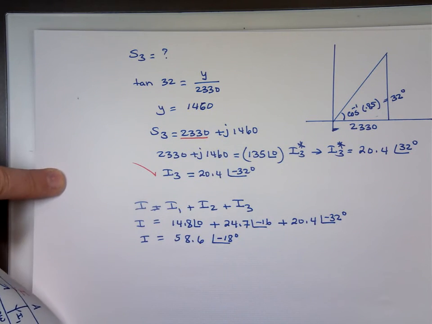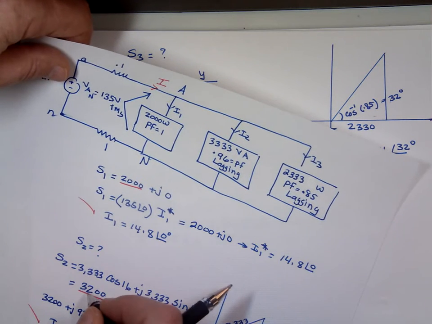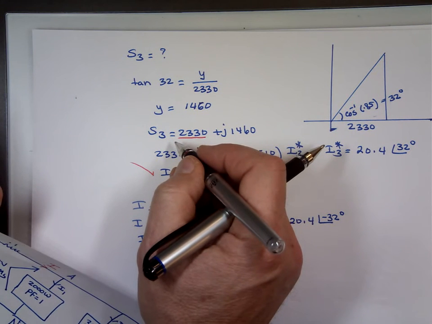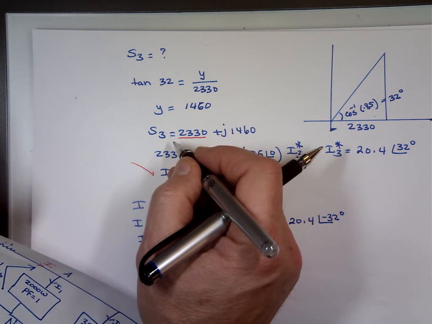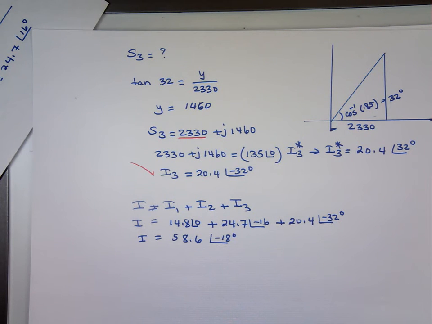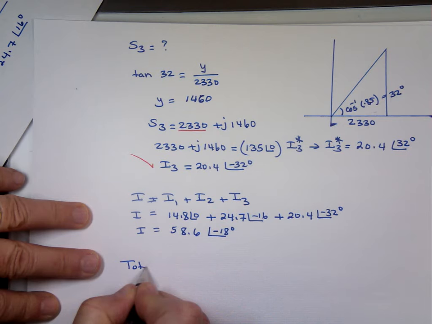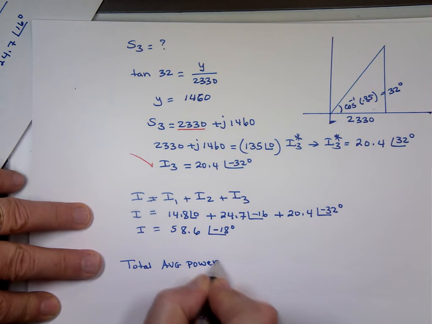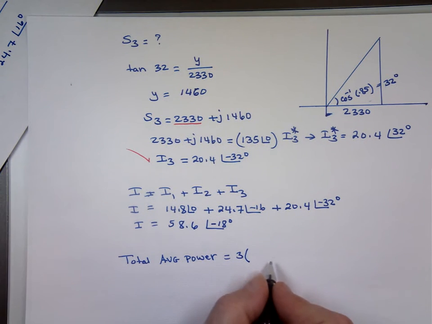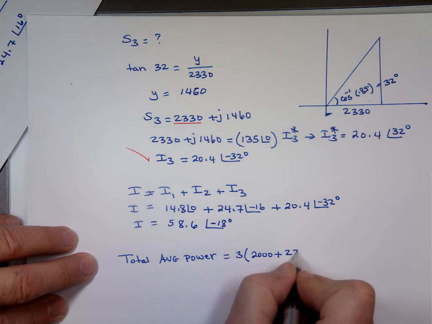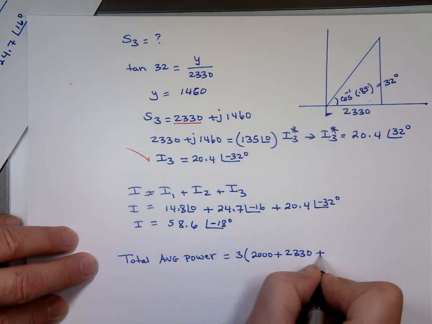So if you add them, 2,000 and 3,000 is 5,200, 5,2 and so on. That's for one phase. You get how many phases there? 3. So the total power is three times the sum of them, which is the 2,000 plus the 2,330, plus what was the next one?